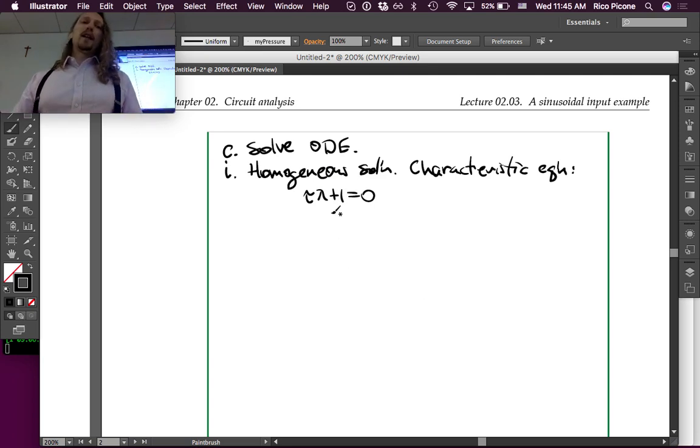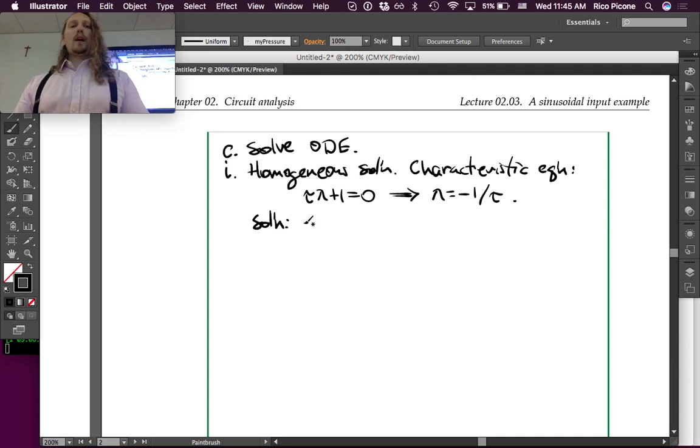I mean, tau changes, but lambda will always be equal to -1 over tau, which gives us the homogeneous solution as being i_L homogeneous of t equals kappa e to the minus t over tau.